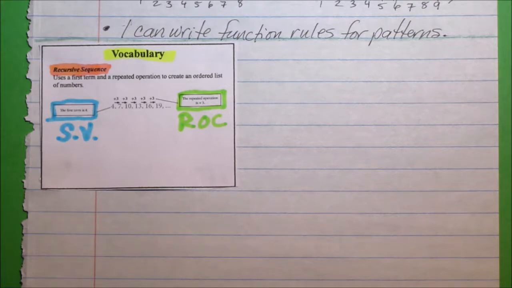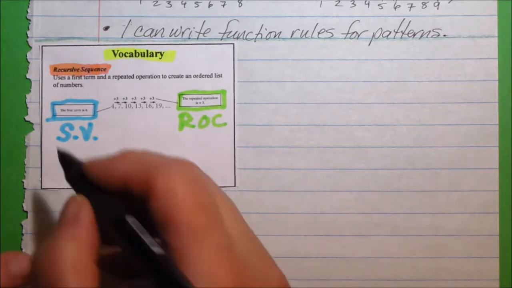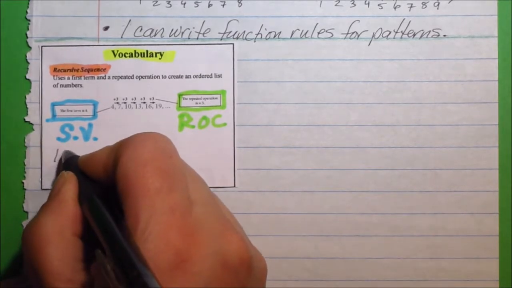What's a recursive sequence? What's a geometric sequence? A recursive sequence involves the operations of addition and subtraction, and a geometric sequence involves the operation of multiplication and division. Today we're only talking about recursive sequences, and we really have been talking about them already. You just didn't know that's what they were called.